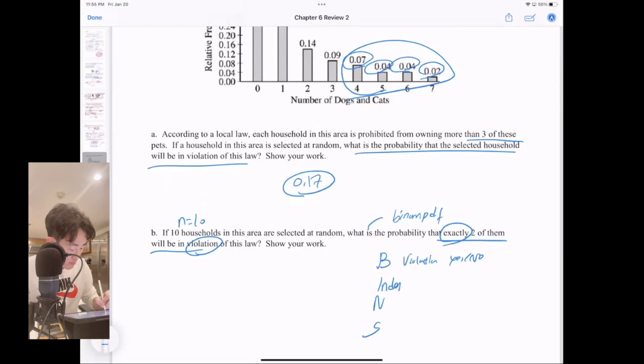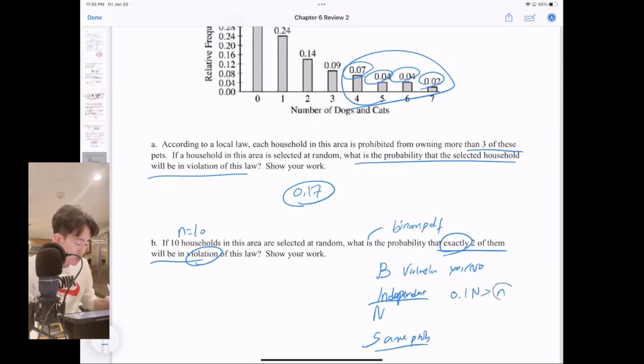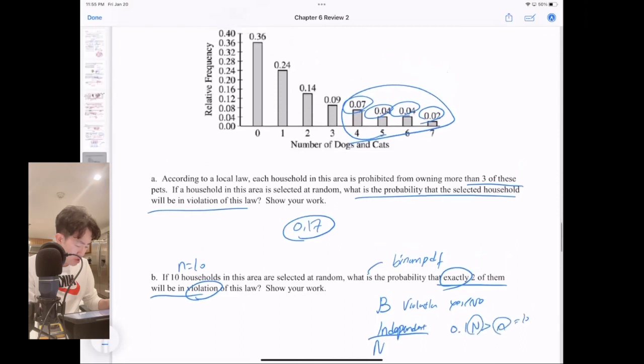Independent. Well, independent and same probability, like I said, they really go hand in hand here. And for independence, you really have to use the assumption that the capital N times 0.1 has to be greater than the lowercase n. Remember, lowercase n here is only 10. Now, capital N represents the number of households, with each household having more than 3 pets, the dogs and the cats.